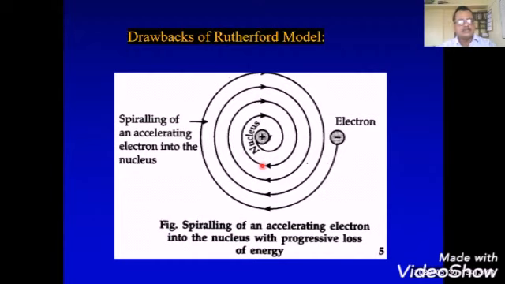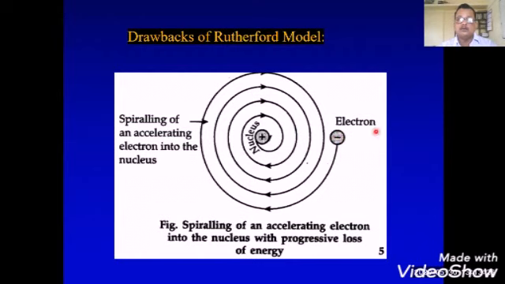But at that time it was suggested by physicists, by the theory of electrodynamics, that when an electron having a certain velocity revolves around a positively charged body, it will continuously lose energy.